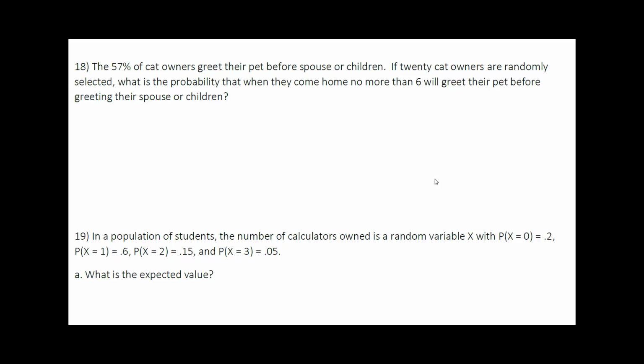So number 18, 57% of cat owners greet their pet before spouse or children. If 20 cat owners are randomly selected, then what's the probability that they come home no more than 6 will greet their pet before greeting their spouse? Okay, so this is a textbook example of a binomial distribution. We're given a defined probability of success, which is 57%.